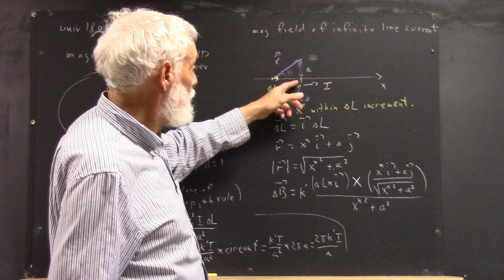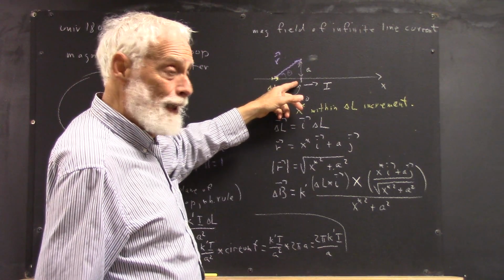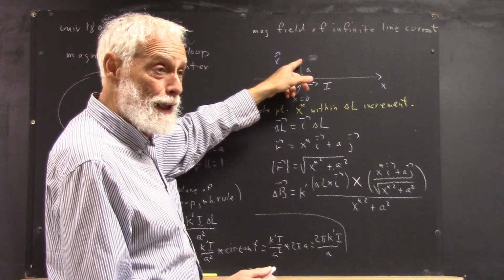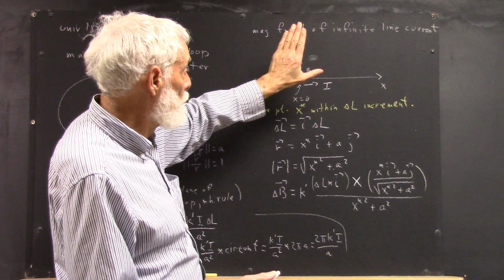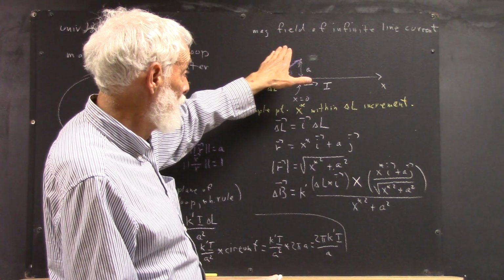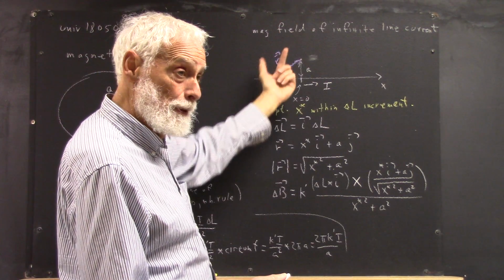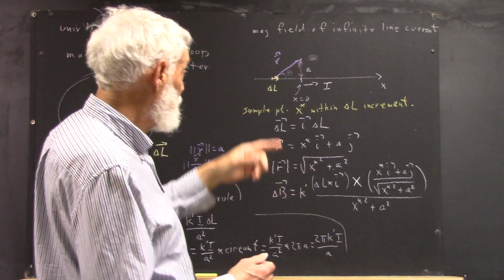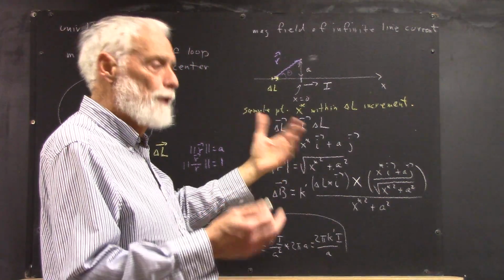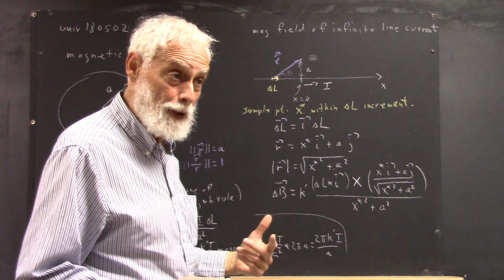So it's perpendicular to this, and it doesn't matter where the y-axis is, okay? So if you rotate the board a little bit this way, well, the current is still perpendicular to that, and the field is perpendicular to that.